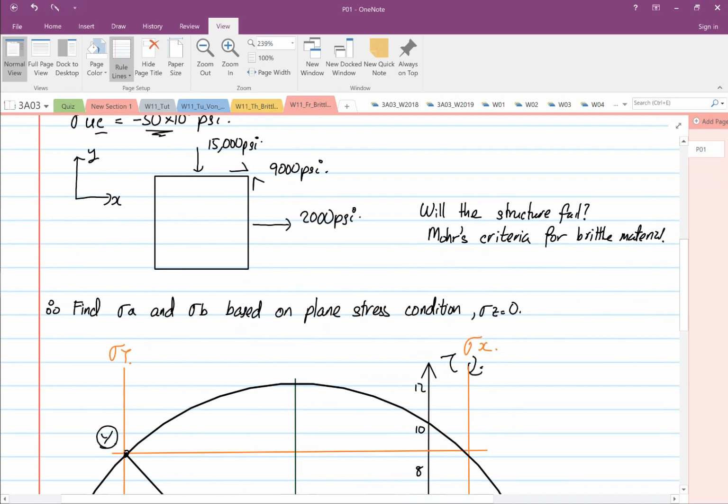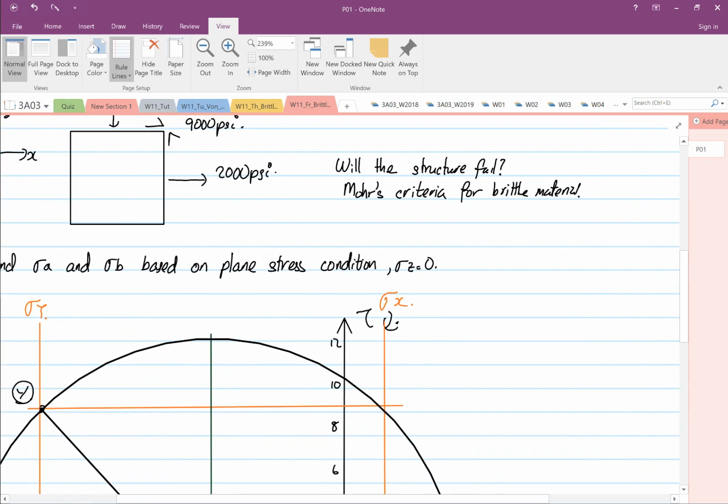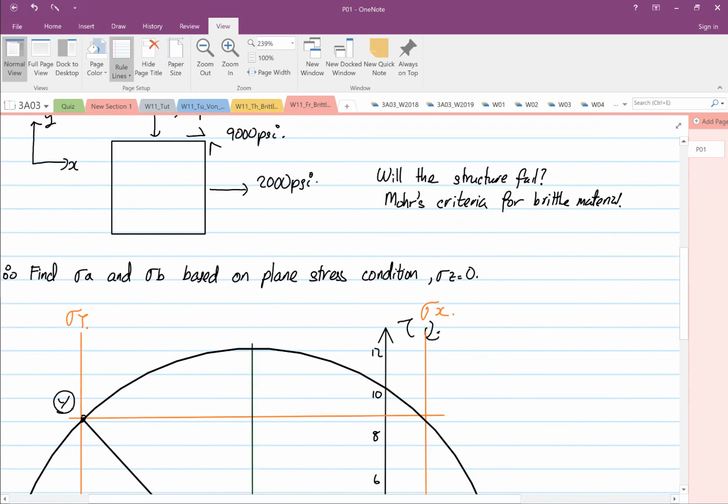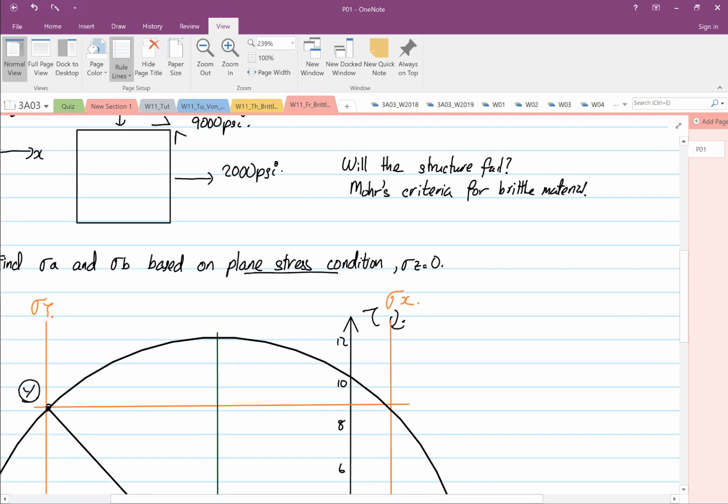So the way to do this is to find stress A and stress B, based on the plane stress condition. The formula that we're going to use is stress A over ultimate tensile stress, minus stress B over ultimate compressive stress.